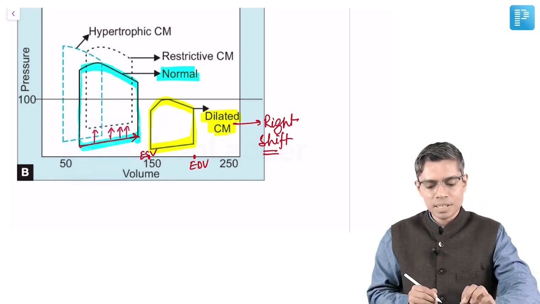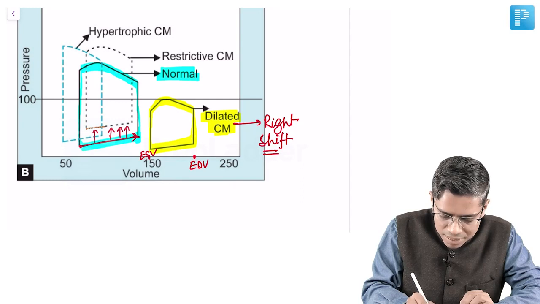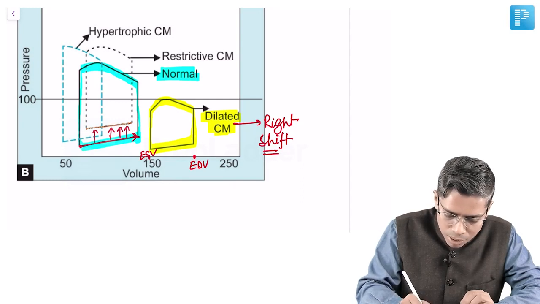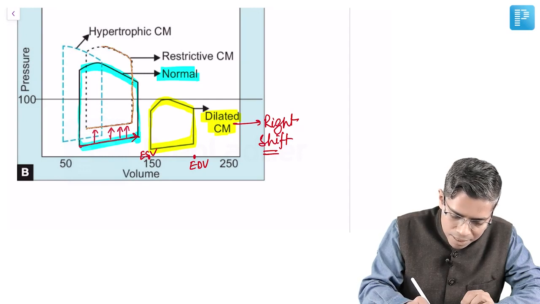Because this filling curve is shifting upward, the whole PV loop has shifted upward like this.